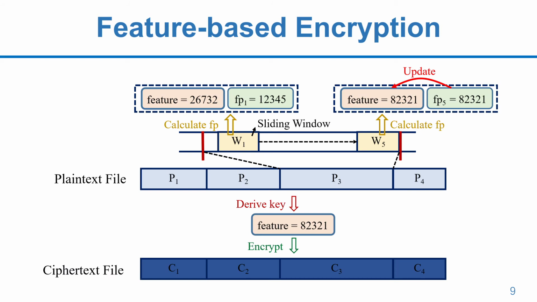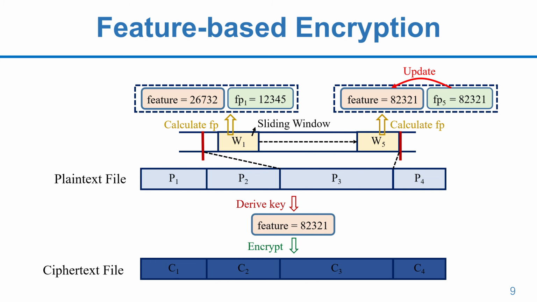Feature Search and Encryption module has two main tasks. Firstly, it will scan the entire file byte by byte with a sliding window. In the process, it calculates the fingerprint value of each window. When the fingerprint of a window is larger than the feature value, the feature value will be refreshed.